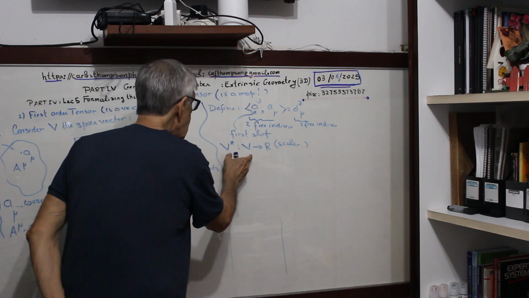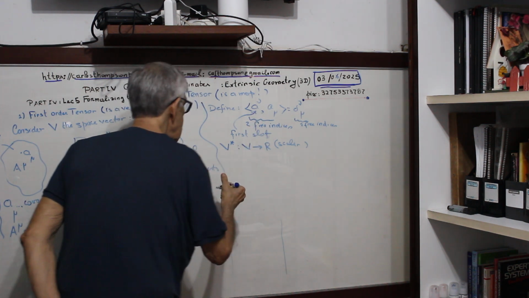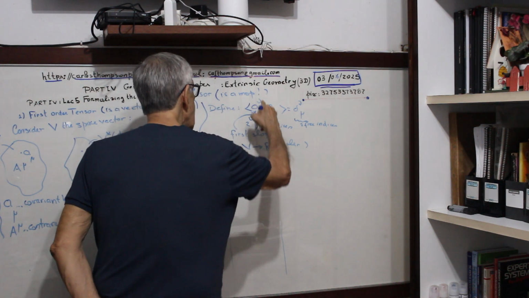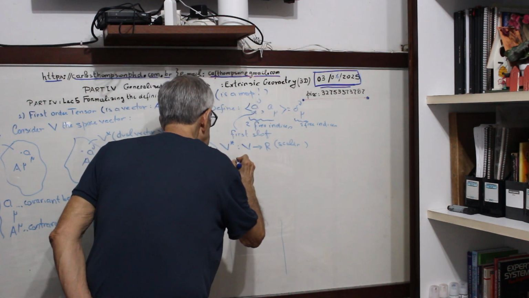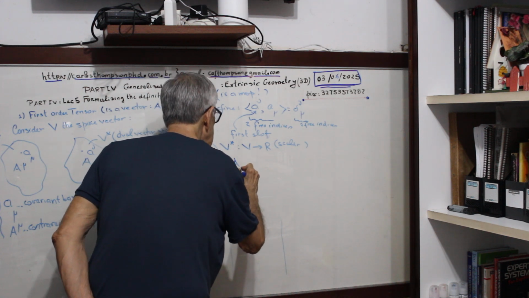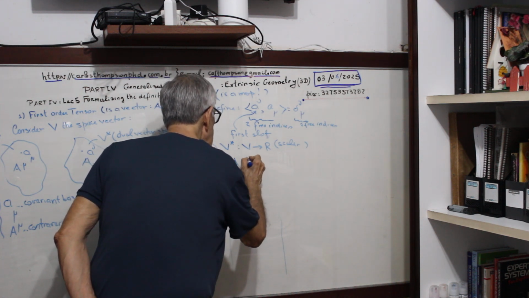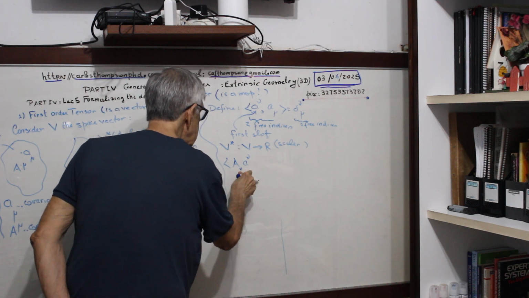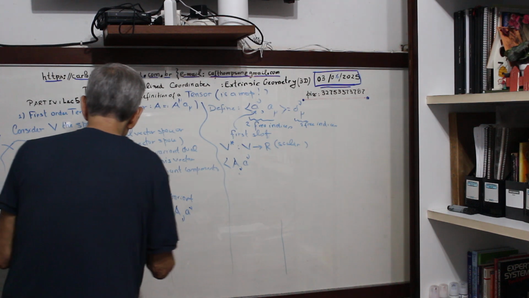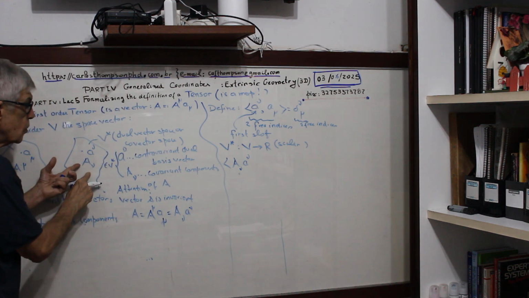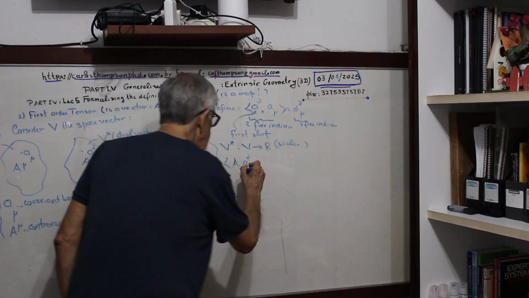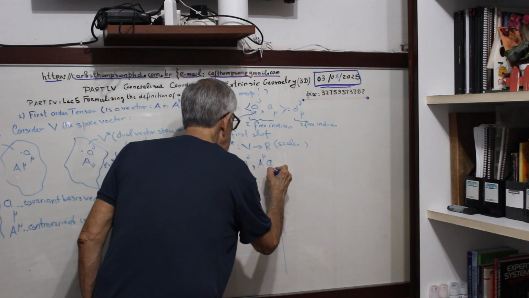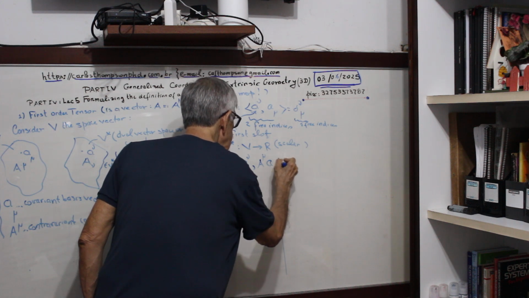Now, how can I write it? In the first slot, I write e nu, which belongs to V star, as you can see in this figure, comma e mu.